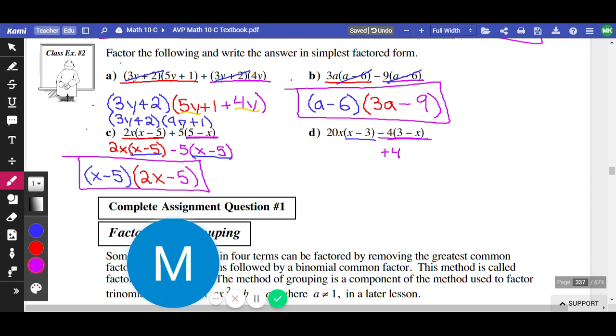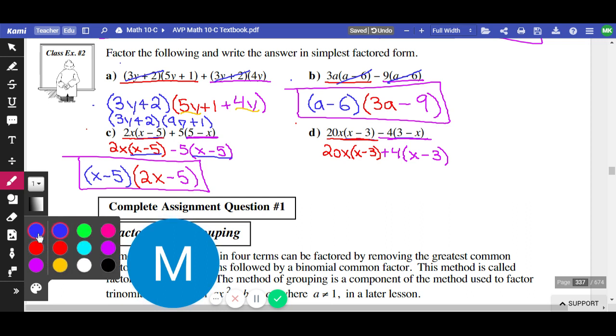When I change its symbol, what I'm really doing is factoring out a negative, which flips my items inside my brackets. So it looks like that. On the red side, I didn't need to change anything, so I still have this. That's the trick, right? When it's really close to the same, you take out a negative and flip it.